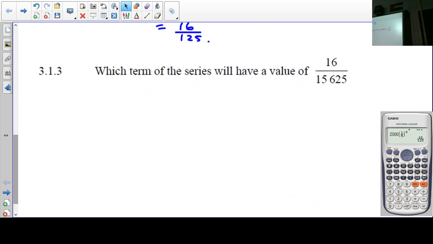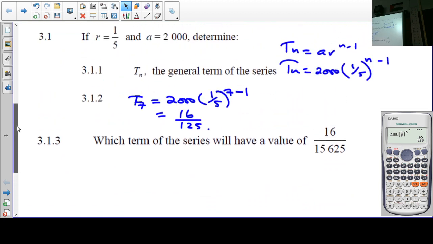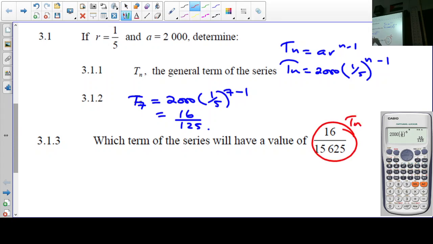Then in question 3.1.3, we are asked which term of the series will have a value of 16 over 15,625. So in other words, this here is your general term. That's your nth term of the sequence, or in this case, the series.